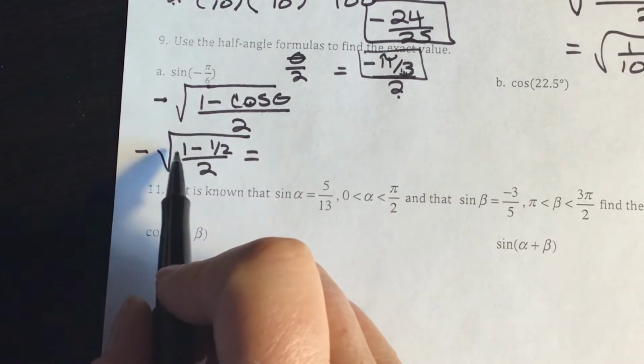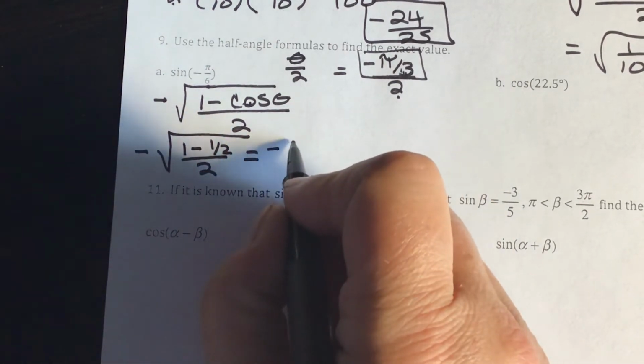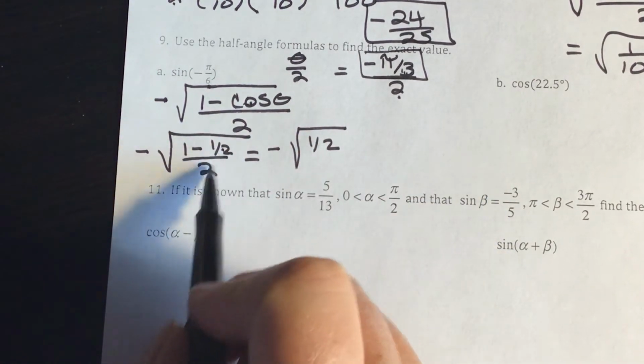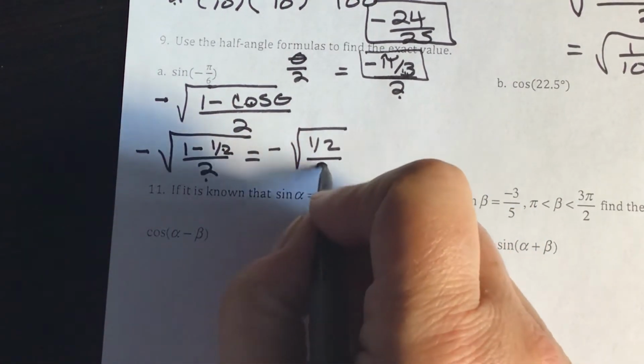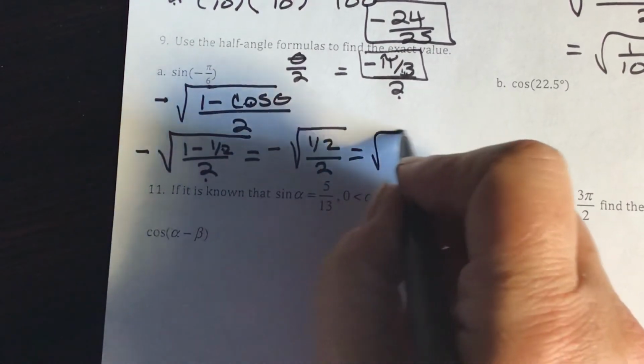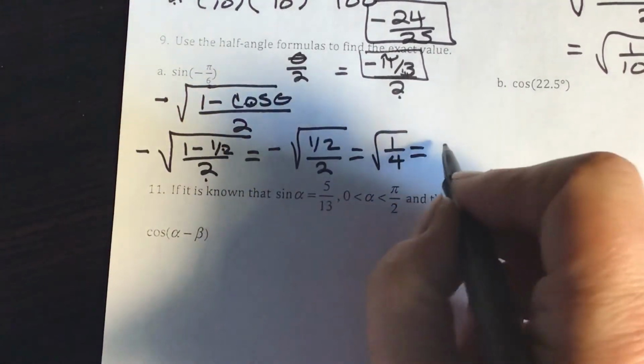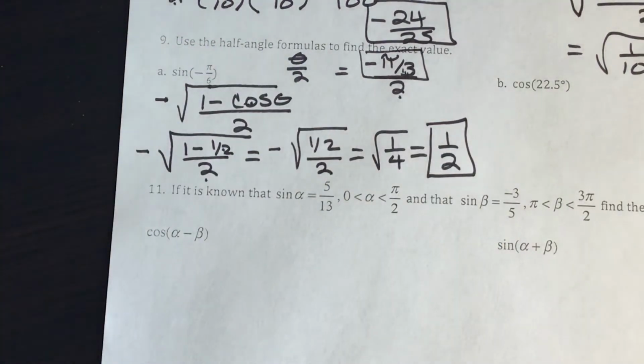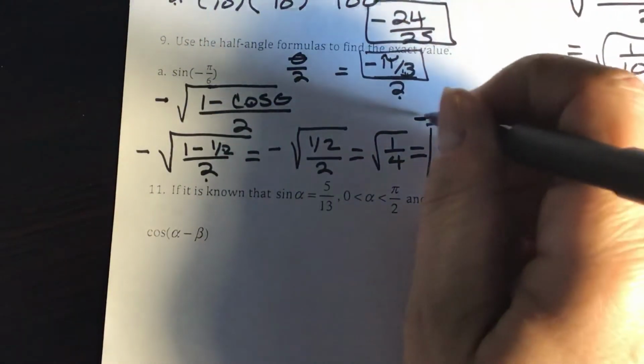So this is negative square root of 1/2, 1 minus 1/2 over 2 is the square root of 1/4, which is 1/2. And the negative value.